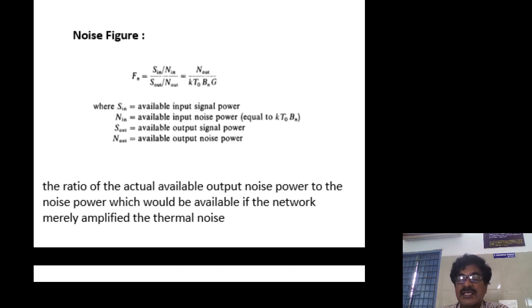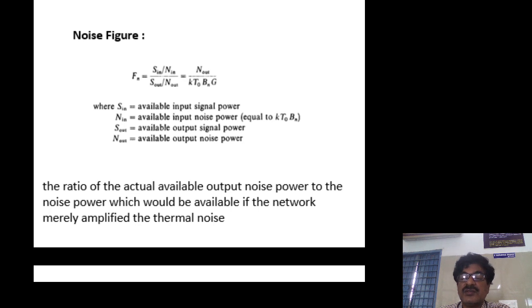G is the gain, the ratio S out divided by S in, and kT0BN is N in. Here k is the Boltzmann constant, T is the temperature, and B is the receiver noise bandwidth. Like that, you can say the different notations we have in the noise figure.